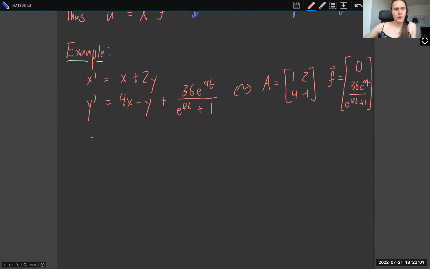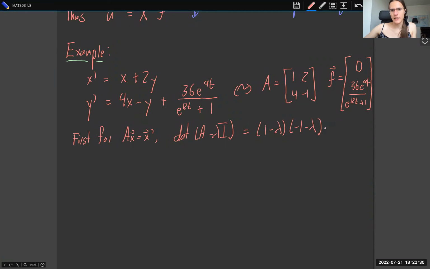Okay, so let's solve the homogeneous problem. What we do is we look at determinant A minus lambda I. What that's equal to is (1 minus lambda) times (-1 minus lambda), and then -8.